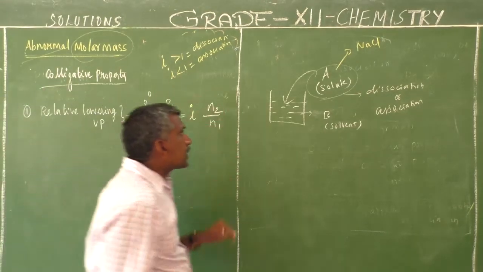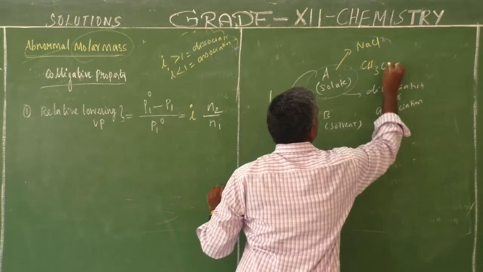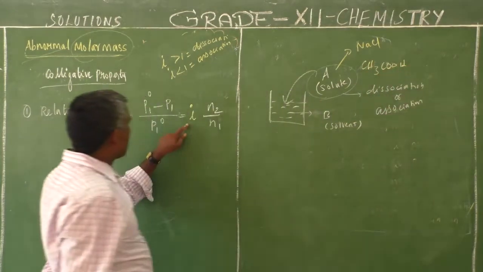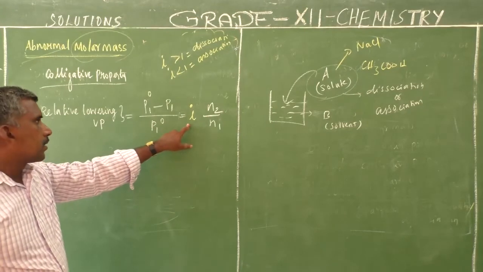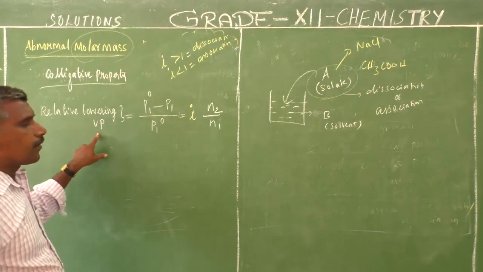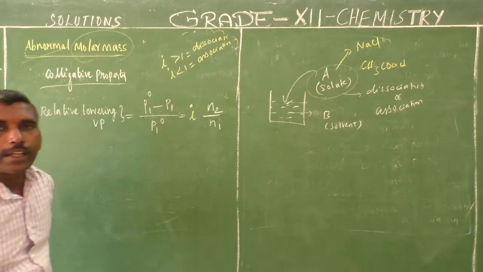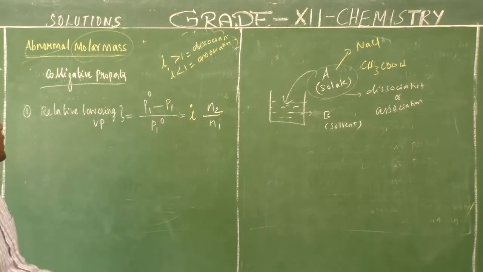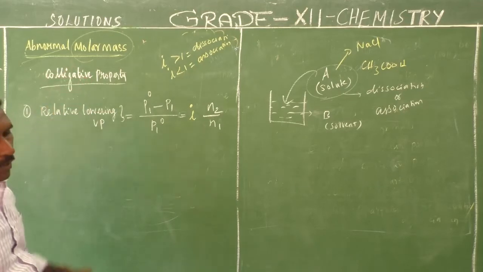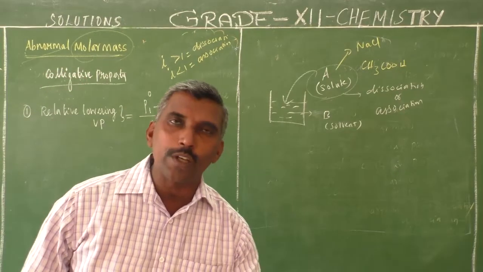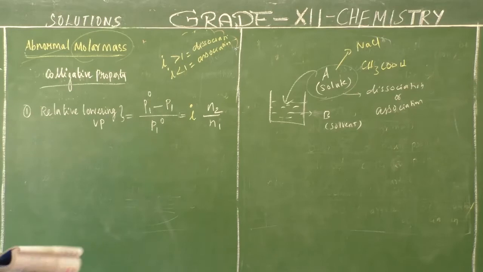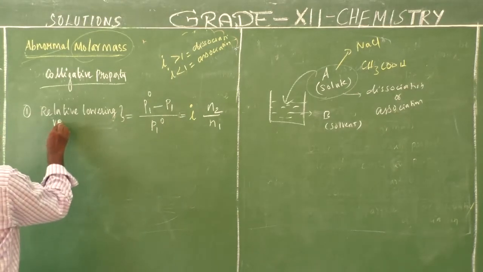But when the solute is acetic acid, it is 0.5, 0.3, so the relative lowering of vapor pressure decreases. When the ionic compound increases, it increases. This is the colligative property using abnormal molar mass, relative lowering of vapor pressure of the solvent.